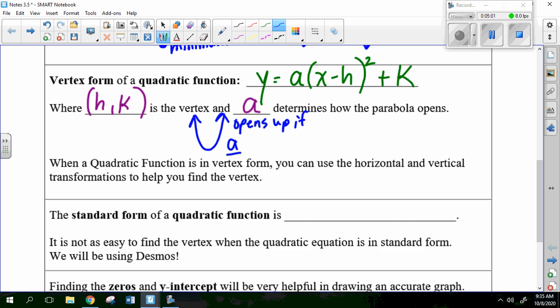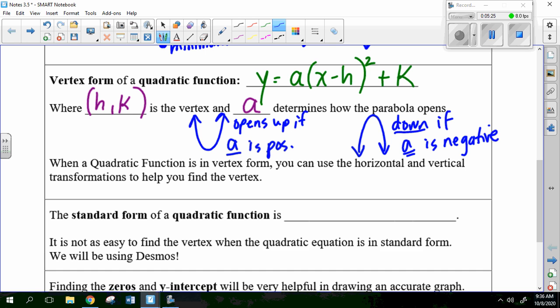Positive, because the only thing that makes it flip down is if that number in front is negative. So it opens down if a is negative. And of course, when the quadratic function is in vertex form, like I said already, you can use the horizontal and vertical shift, the up and down and left and right, to find the vertex.